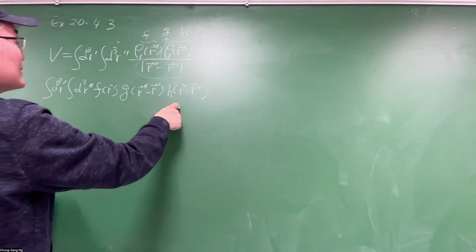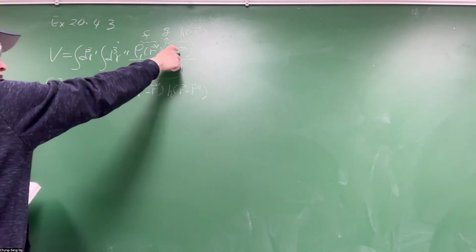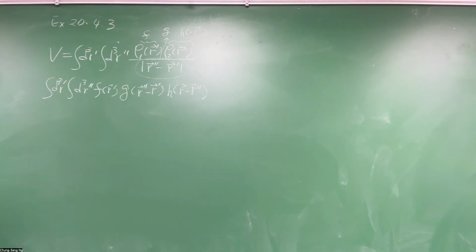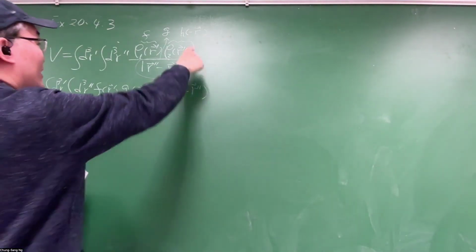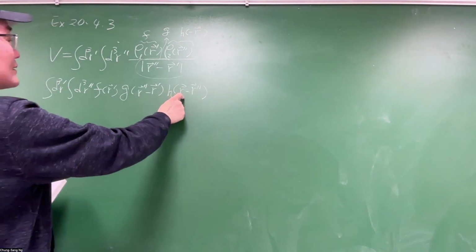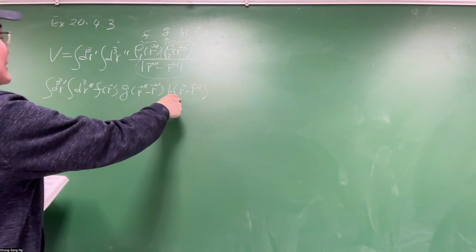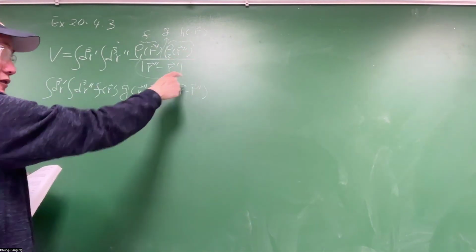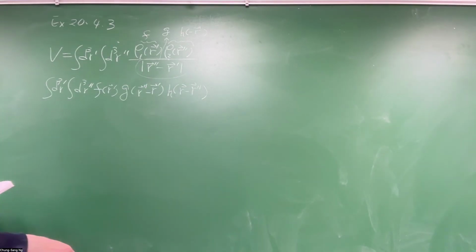Because this is positive, this is negative. So just like what we did in the last example, you need to redefine the function and then change the argument to this negative. That's all it is. And then evaluate at r equals 0. So finally, this becomes a convolution evaluated at r equals 0.